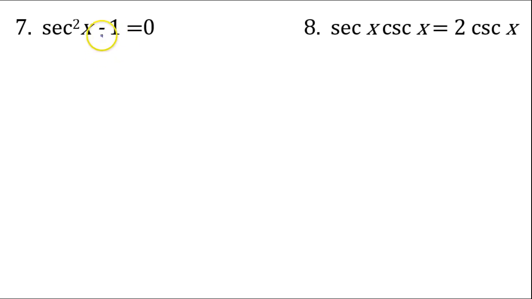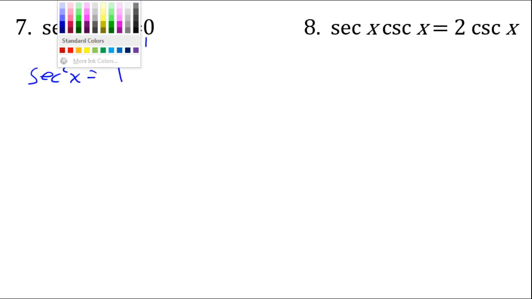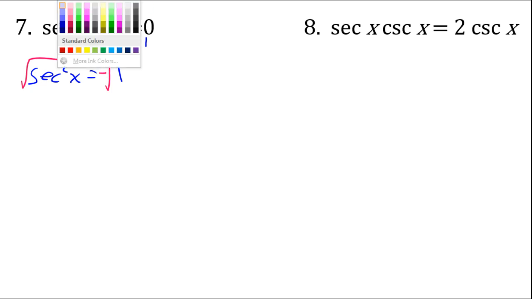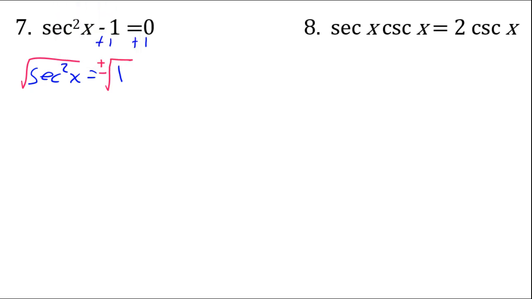If I added 1 to both sides, then that will give me secant squared x is equal to 1. Then I could take the square root of both sides, but be careful, whenever you take the square root of both sides, the solution will be positive or negative. So that unsquares this.